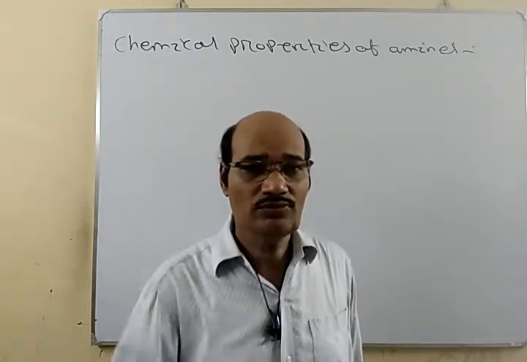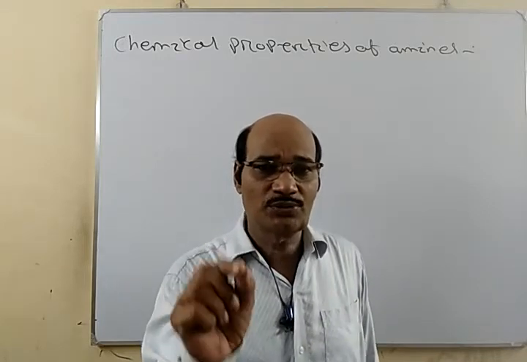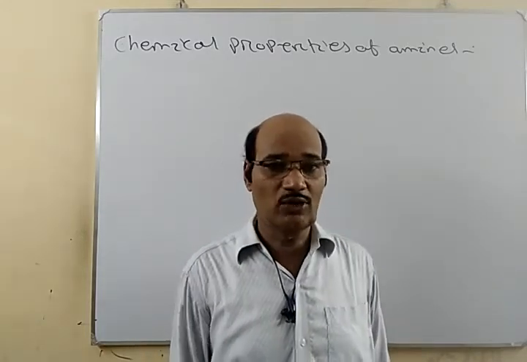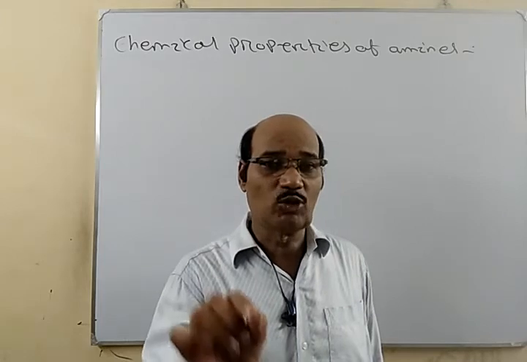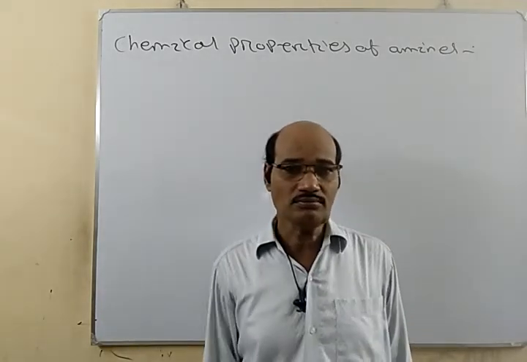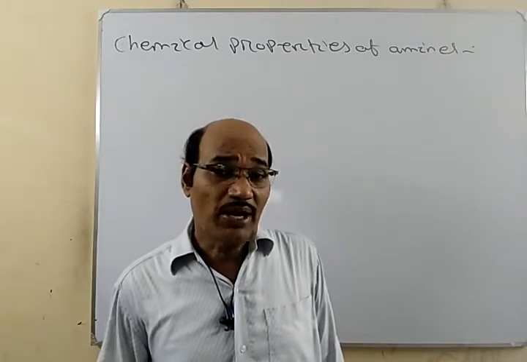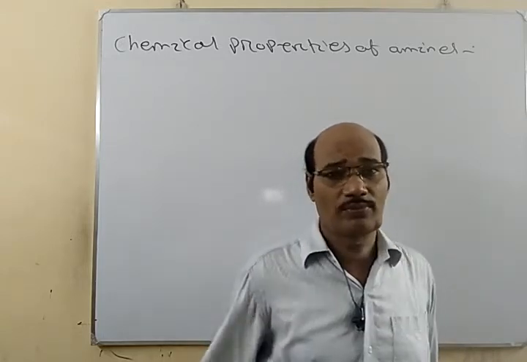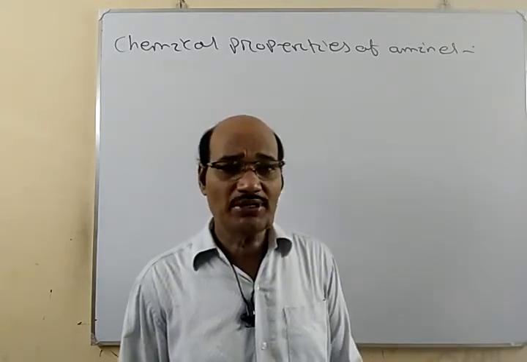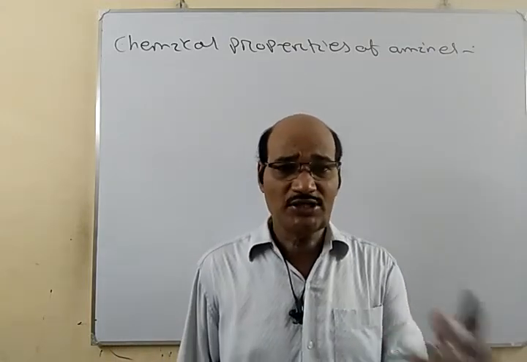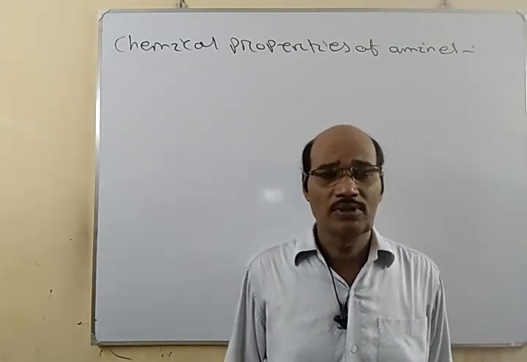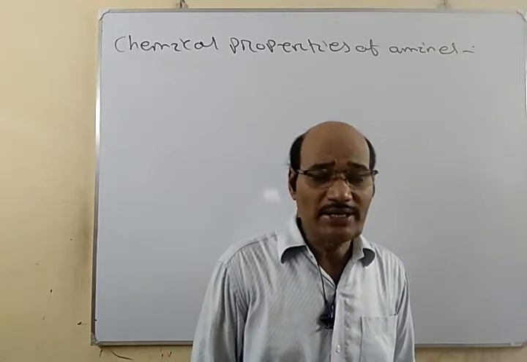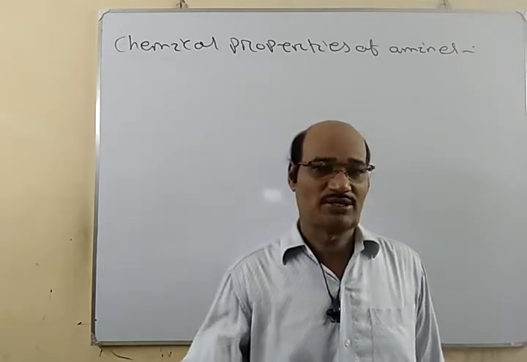If you go for halogenation, we get a tri-substituted aniline. For example, if you react aniline with bromine water, we get what? 2,4,6 tribromoaniline. And similarly, when you go for nitration of aniline, the NH2 group is so reactive, and also because of the oxidizing nature of nitric acid HNO3, and also due to formation of anilinium ion, we are not going to get the desired ortho and para products.